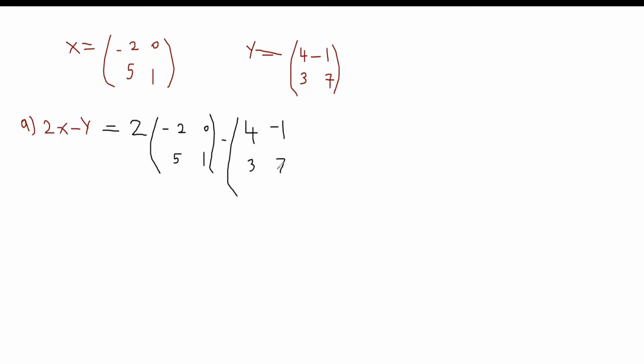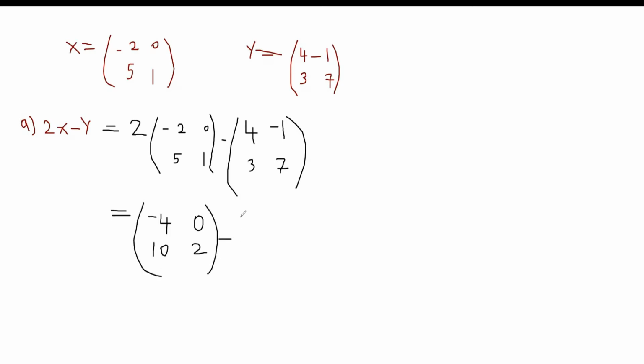So when you multiply everything in this by 2, what we're going to get is 2 times minus 2 is negative 4. 2 times 0 is 0. 2 times 5 is 10. 2 times 1 is 2. Then you close up that right there. Yeah, it's that easy.